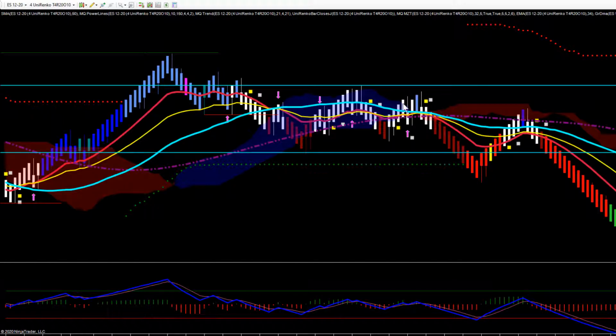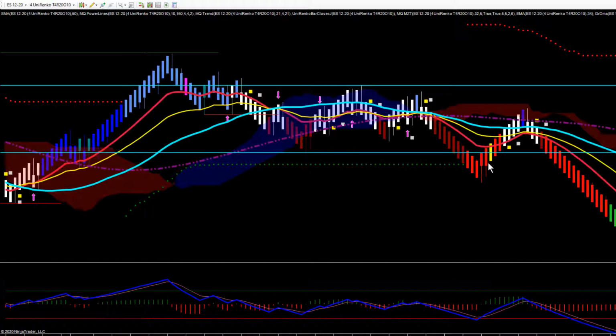And you can see we were just pivoting inside this compression zone right here. Broke out to the bottom side. Now these are 4 ticks per bar, so able to catch potentially a couple $100 per contract on the breakout.